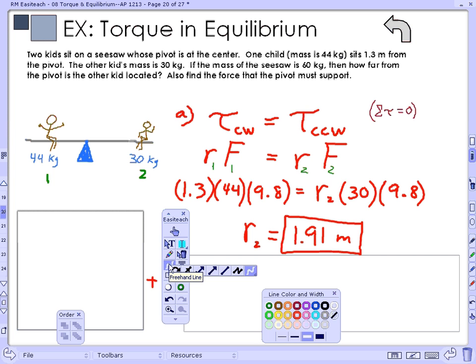That makes sense. Sum of the torques is 0, but it says also find the force that the pivot must support. This would be the force that's upward from the pivot.